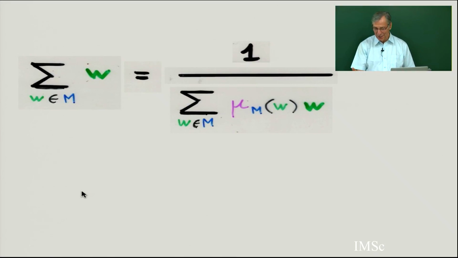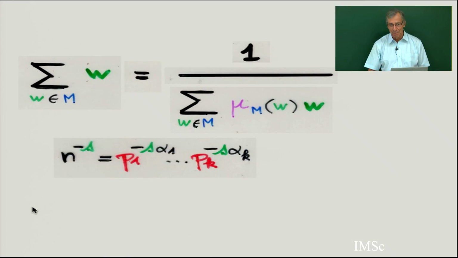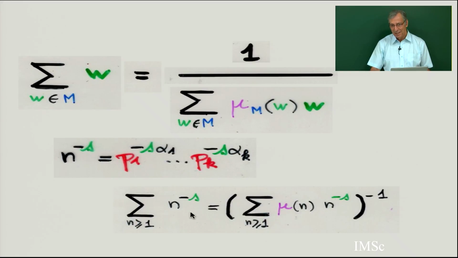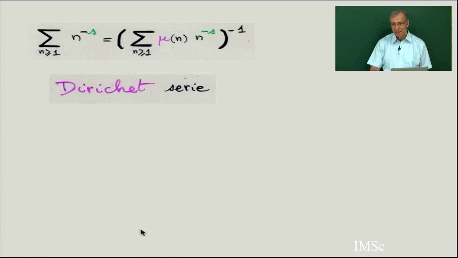And this formula, now I finish with this: if I replace each ball's weight by the inverse of the prime number to the power s, for s any number, what you get is this identity. From this special case, you get this. And this identity, in fact, is a Dirichlet series.